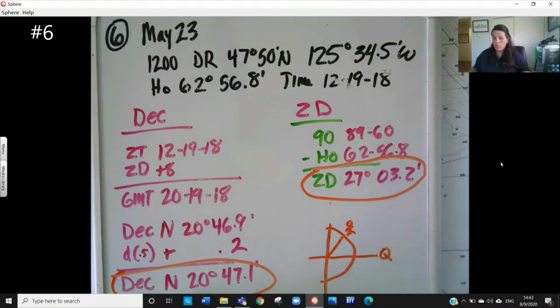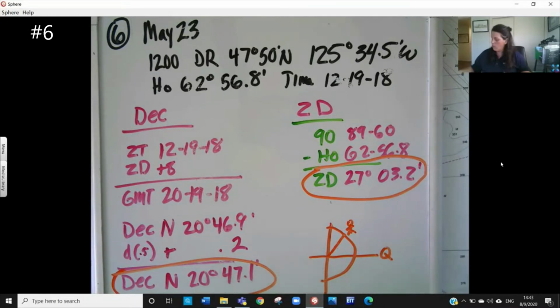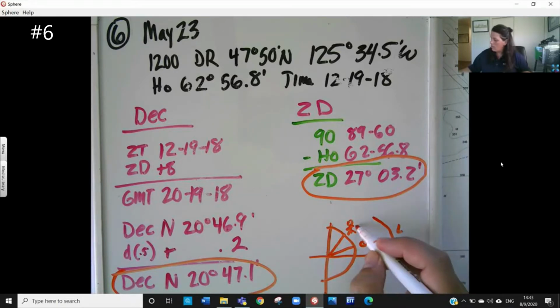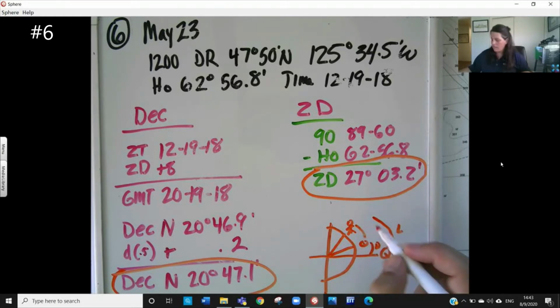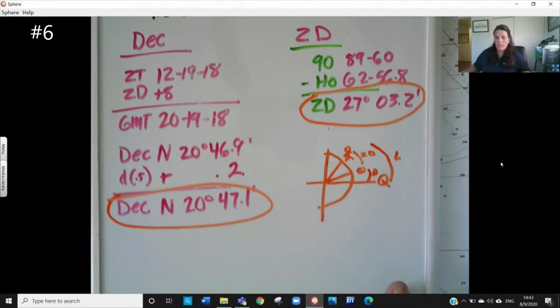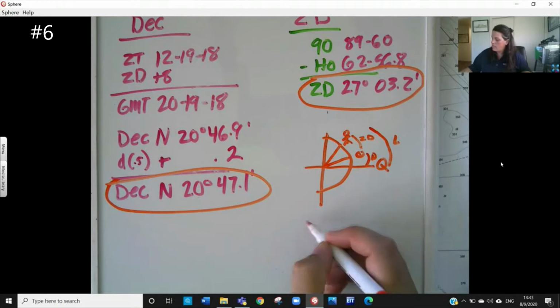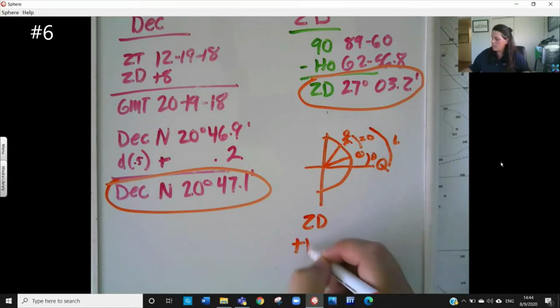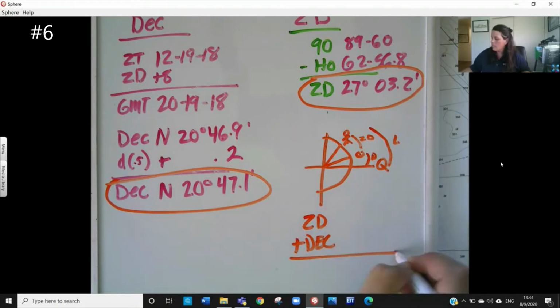Declination is going to be 20 degrees north, so the sun will probably be right there. Here's declination, here is latitude, and from me to the sun is going to be the zenith distance. So in order to find latitude, I would have zenith distance plus declination to give me latitude.